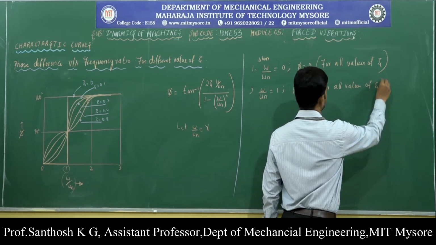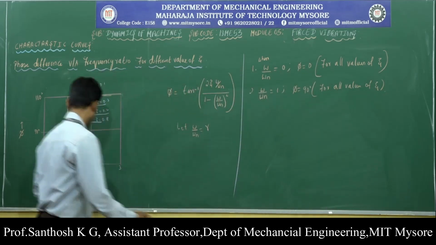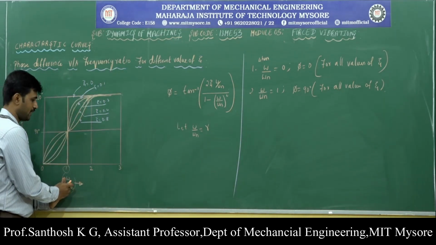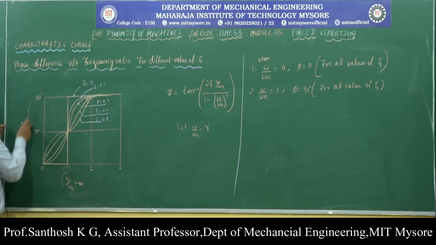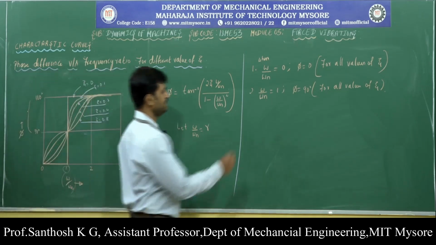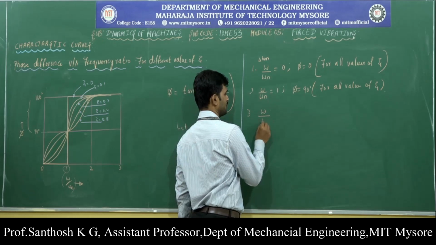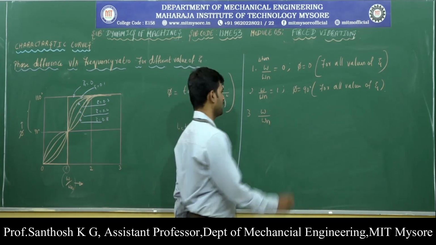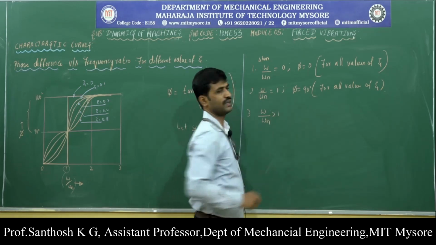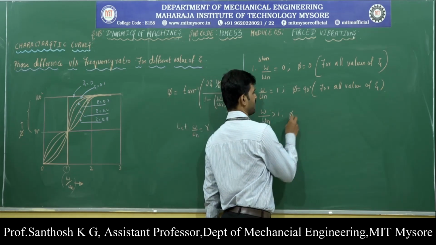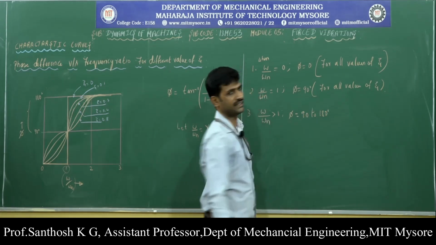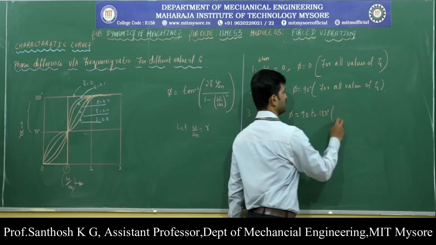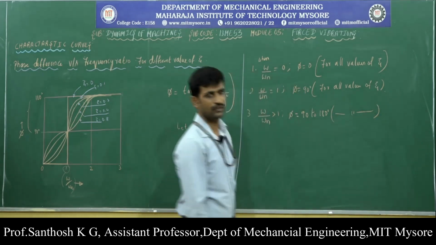When omega by omega n crosses 1, all the curves have a phase angle between 90 degrees and 180 degrees. So the next conclusion is when omega by omega n is greater than 1, the phase angle phi will lie between 90 degrees and 180 degrees for all values of zeta.